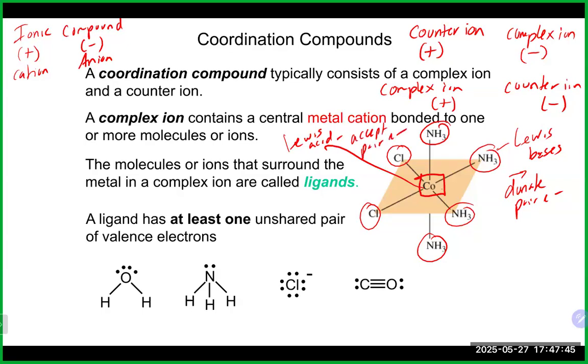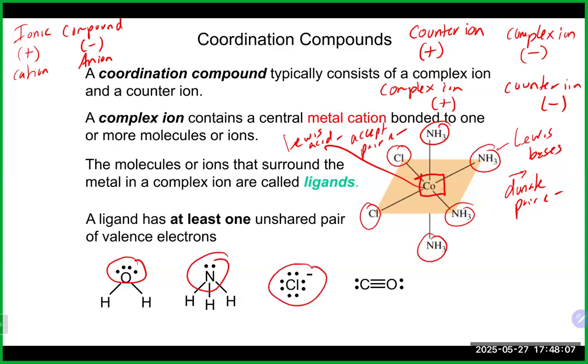Now, in order for something to be a good Lewis base or a ligand, it typically needs to be a polar molecule. And a lot of times it will need some non-bonding electrons. And that's what we see here with water. It's got those non-bonding electrons on the oxygen. Nitrogen's got the non-bonding electrons obviously there on the nitrogen.